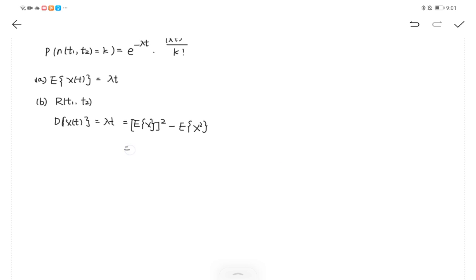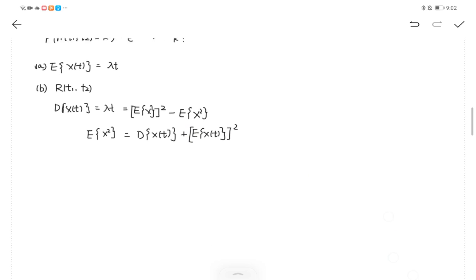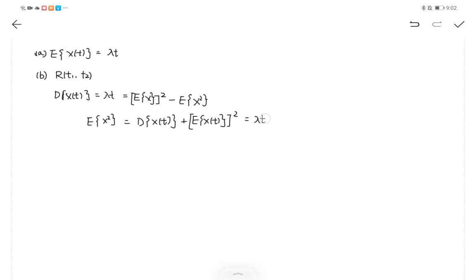So we can see that E[X squared] equals the variance of X(t) plus (E[X(t)]) squared. That equals lambda t plus lambda t squared, that equals 1 plus lambda t, multiplied by lambda t.